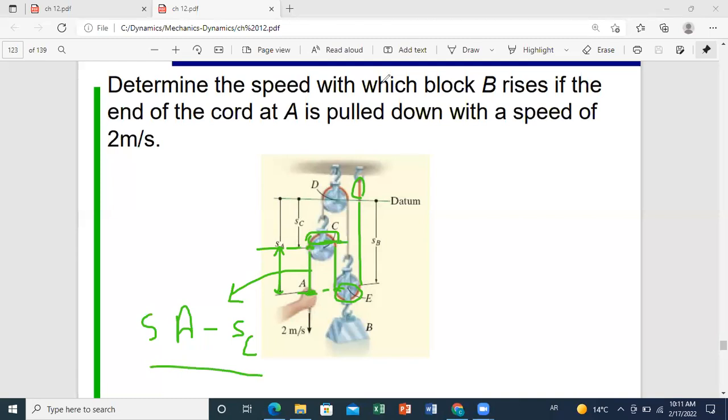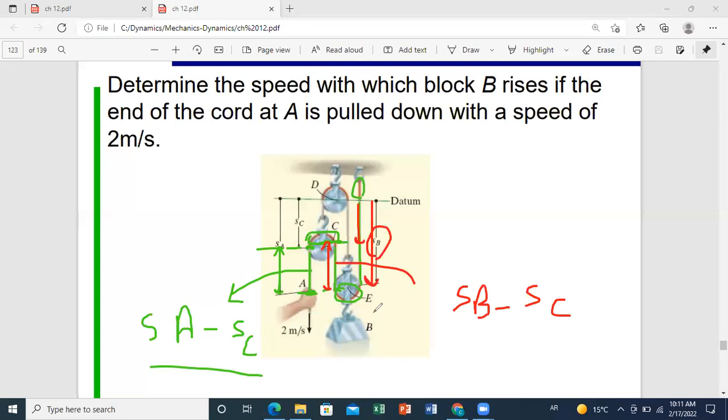Now, this part is between C and E. So what is this length now? SB minus SC. Exactly. This part is the difference between this length, which is S of B, minus this part, which is S of C. So I can say that this is S of B minus S of C. And finally, I lump all constants together.